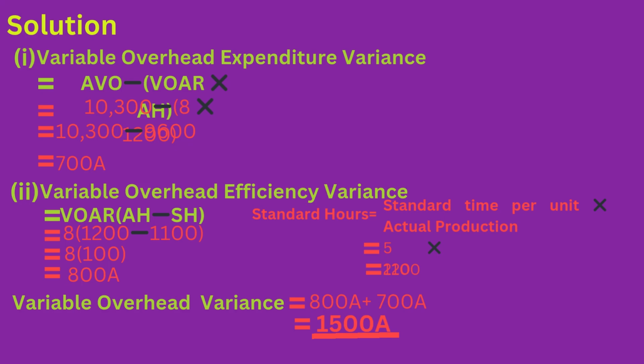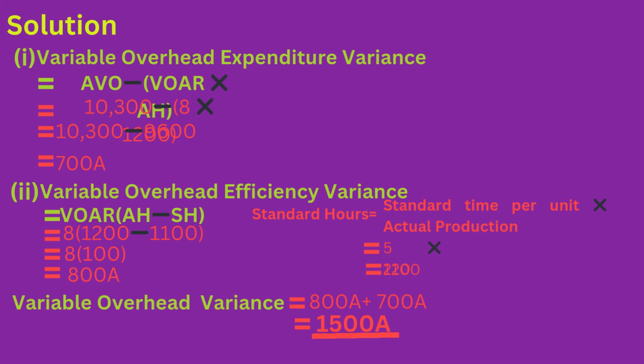Our actual variable overhead, the cost incurred, is 10,300 shillings, minus our variable overhead absorption rate, which is 8 shillings, multiplied by actual hours, which is 1200 hours.